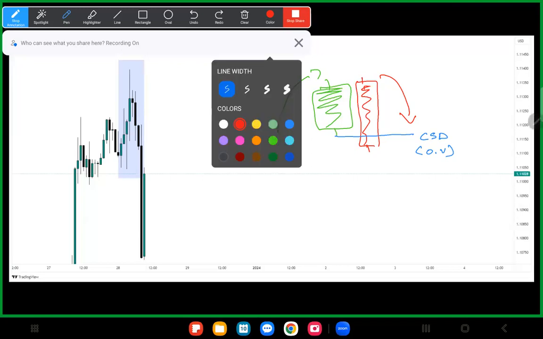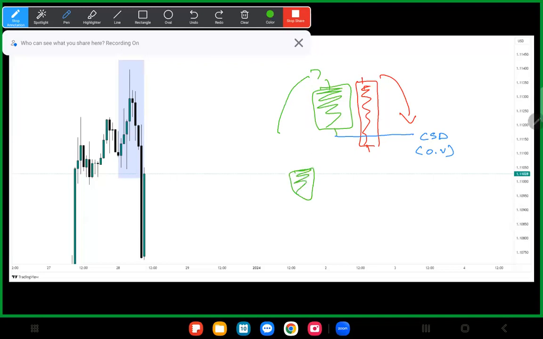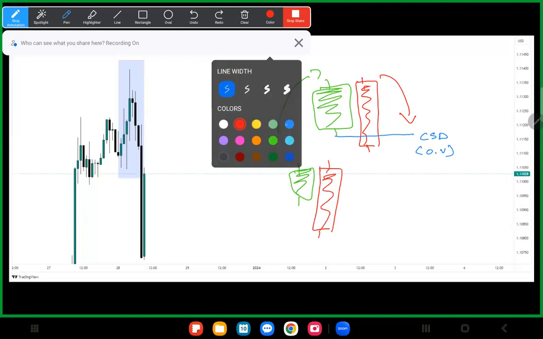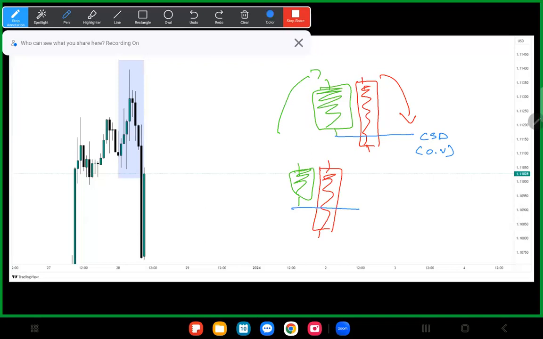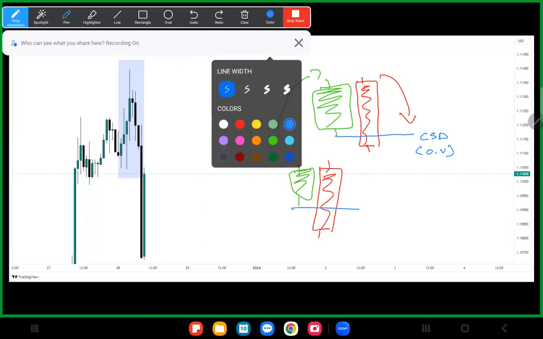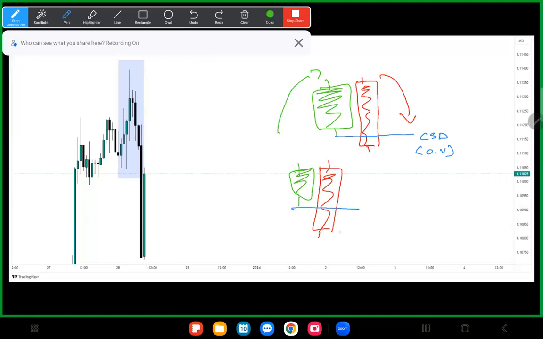So we have a balanced price range here, and then we leave that area with speed, which creates inefficiency, and then the market seeks to be efficiently traded. So price should want to come back up into that level and then potentially offer those continuations lower. That's the significance behind that.